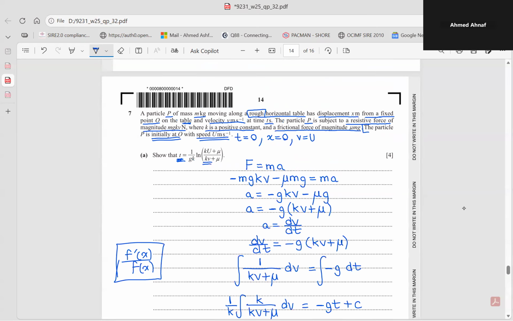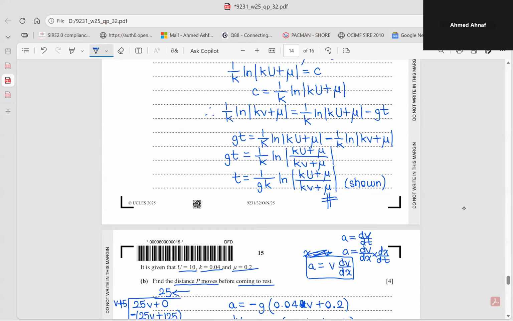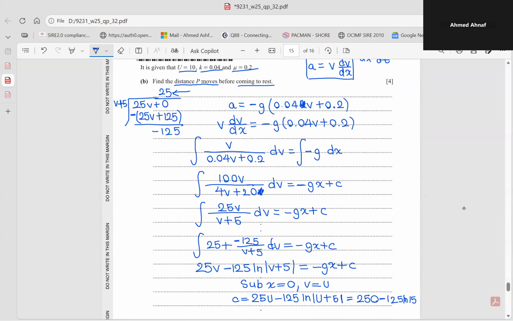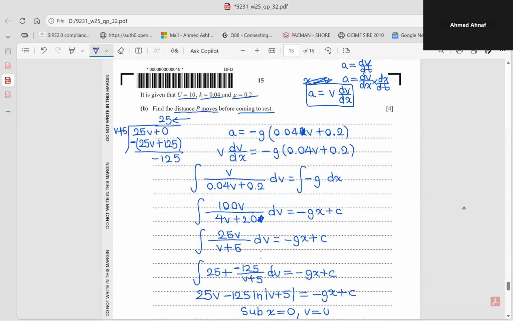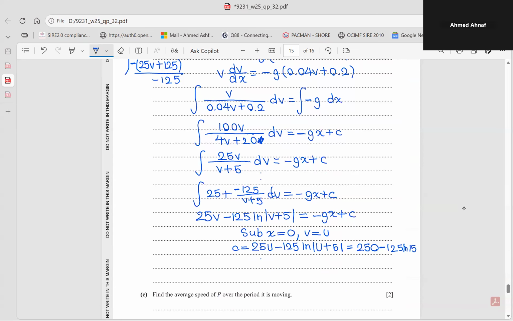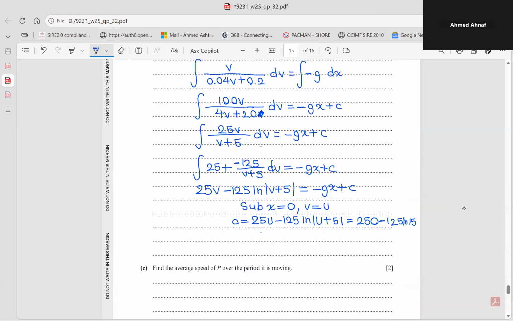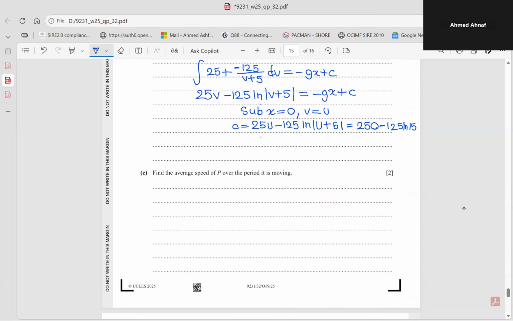So it was initially at its speed. Yeah, okay. So we can solve for v now.